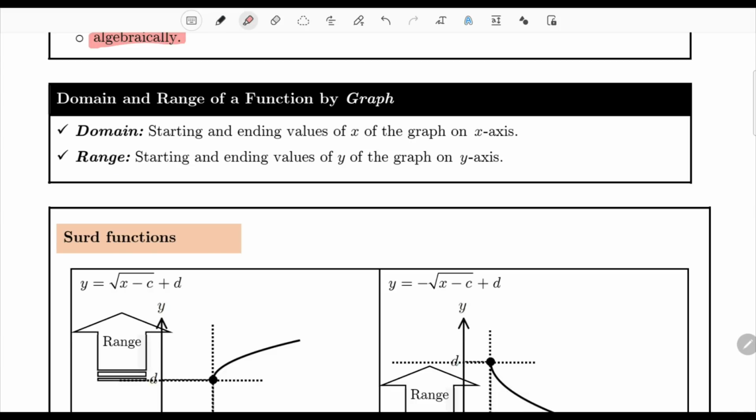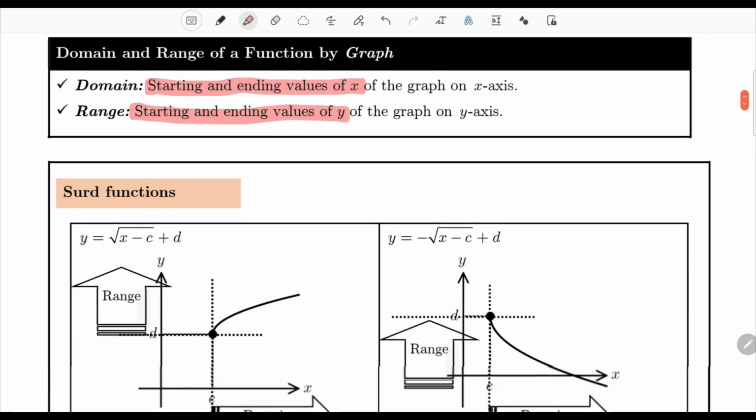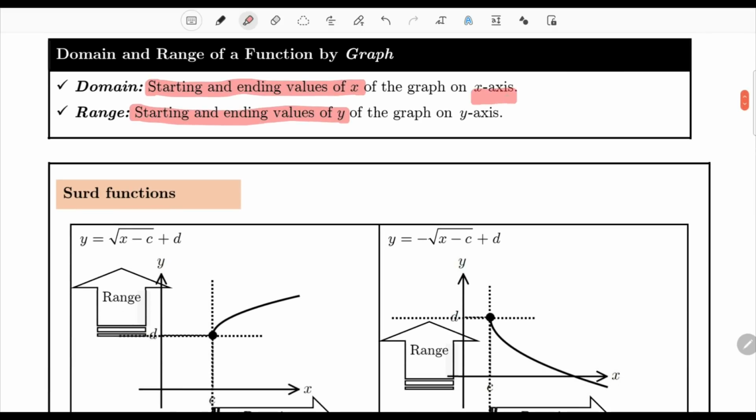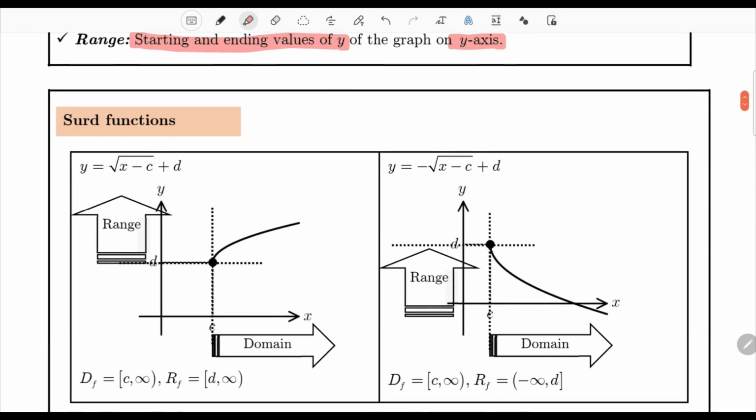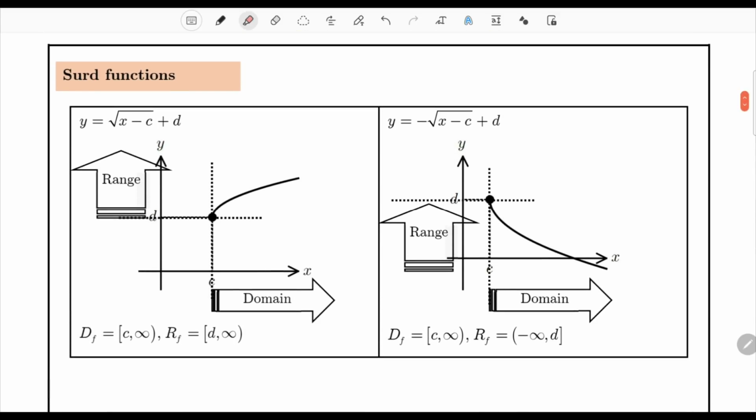Okay, so the domain of a function is the starting and end values of x. Let's highlight this. The range is the starting and ending values of y, on the y-axis, while the domain is on the x-axis. If you look at the third function here as an example, this is the curve.